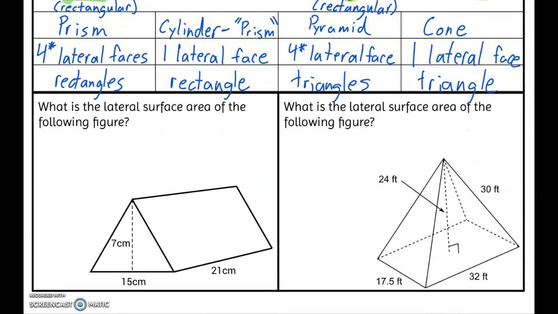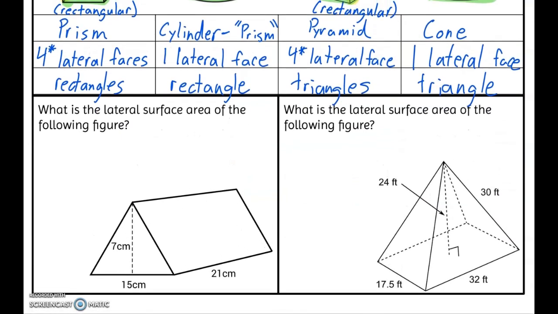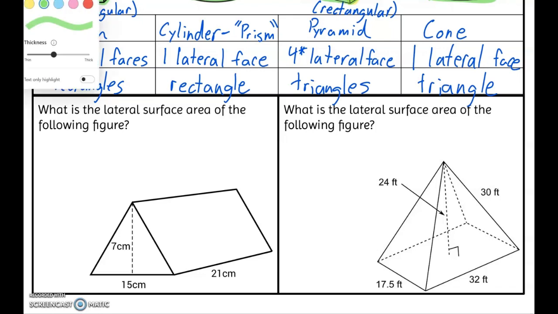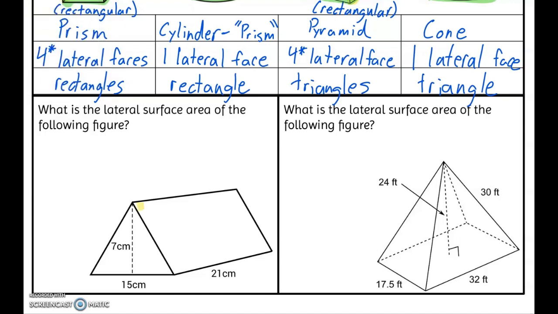Okay, so let's go on and do an example here. On this first problem, they want us to find the lateral surface area of this triangular prism. Well, first things first, we are looking for all of this area right here, and then there's an area on the bottom and an area on the other side.